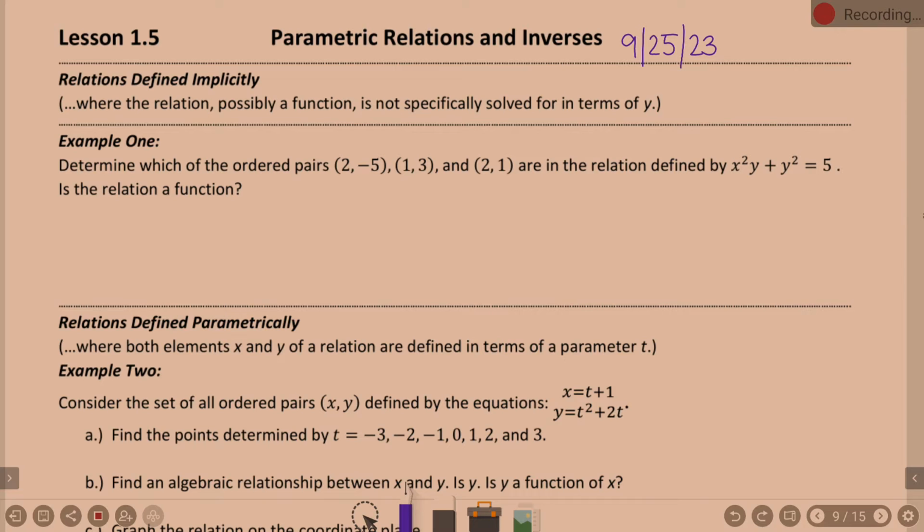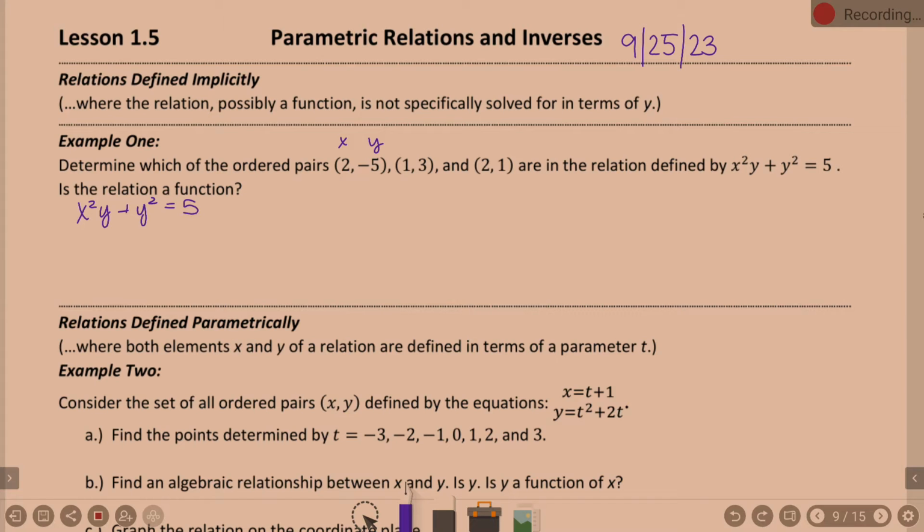Plug them in. Because in an ordered pair you're being given an x and a y. And what's our equation? x squared y plus y squared equals 5.